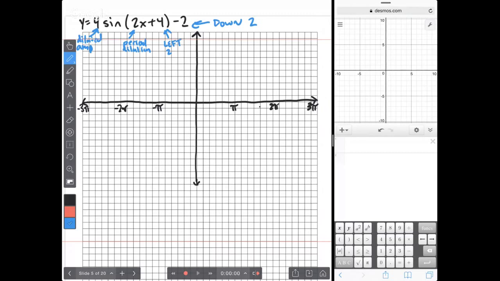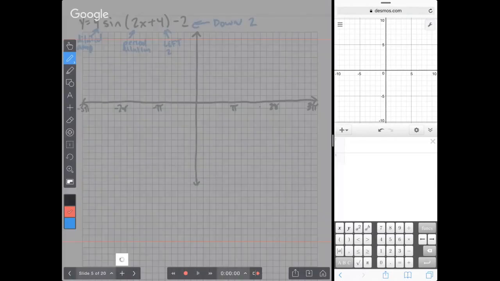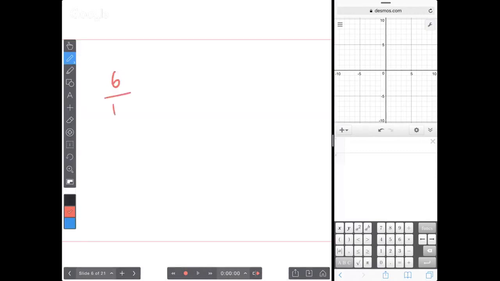Okay, so I want to know what's 2 spaces in terms of my scale. So my scale, I have 6 spaces is equal to pi. So how many spaces is equal to 2?